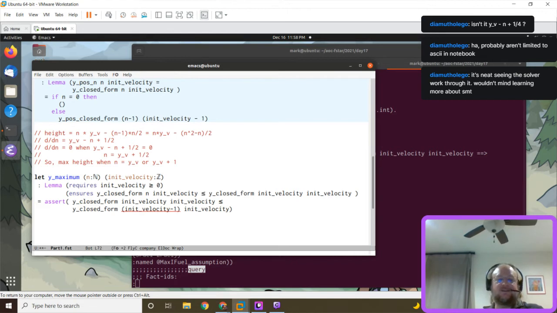If initial velocity is exactly 0, no, that should be okay.